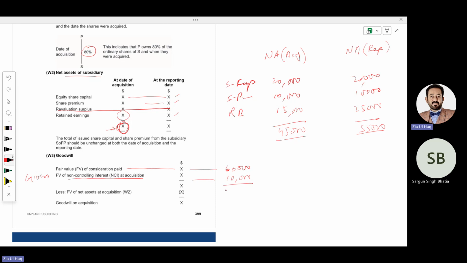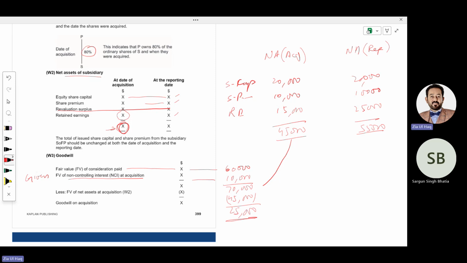This total will become 70,000. This will be called consideration. Now we need to deduct the fair value of net assets acquired. How much are the net assets acquired? 45,000. So what will be the goodwill here? 70 minus 45, 25,000.